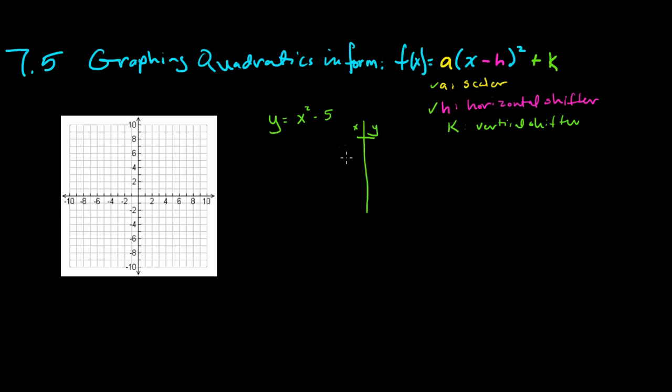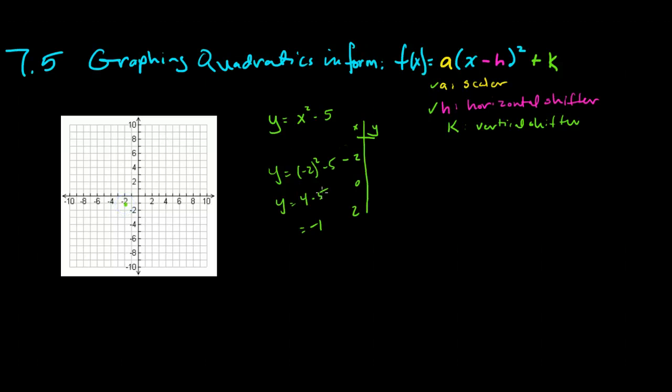Well, let's try -2, 0, and 2 for our y is equal to x squared minus 5. So y is equal to -2 squared minus 5. Then y is equal to 4 minus 5, and that'll give us a -1. So when x is -2, then y is -1.